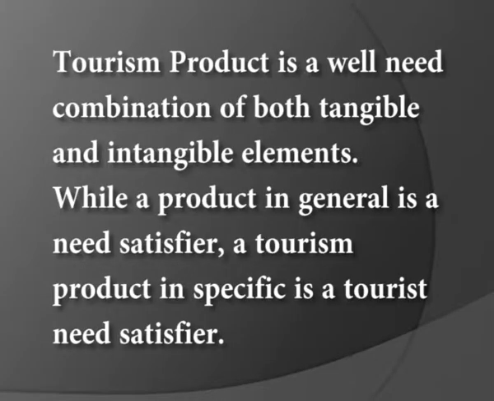Tourism product is a well-knit combination of both tangible and intangible elements. While a product in general is a need satisfier, a tourism product in specific is a tourist need satisfier. These tourist needs can be grouped into 2 categories, such as primary tourist needs and secondary tourist needs.